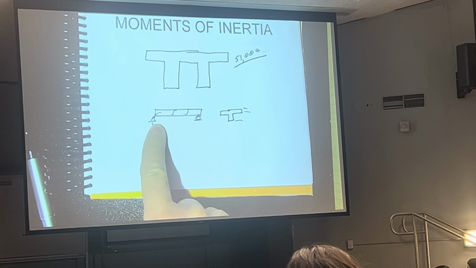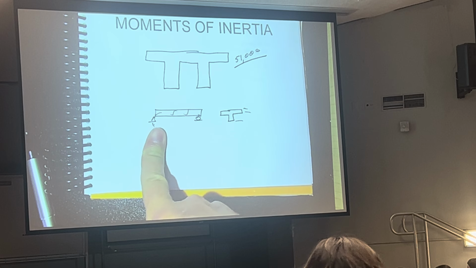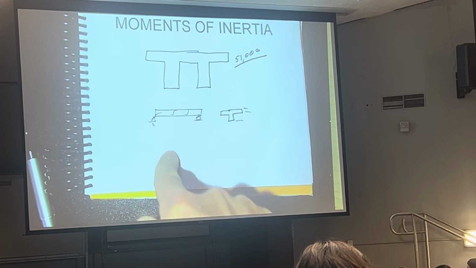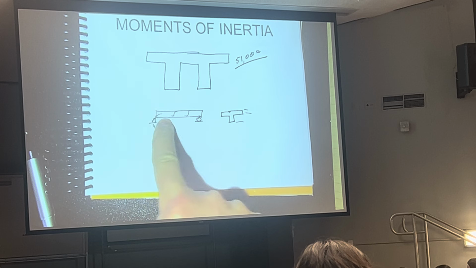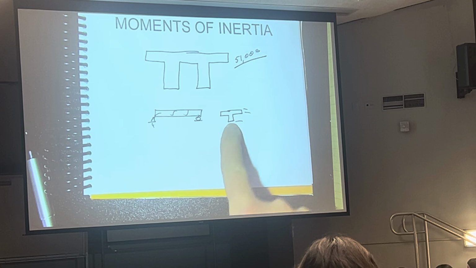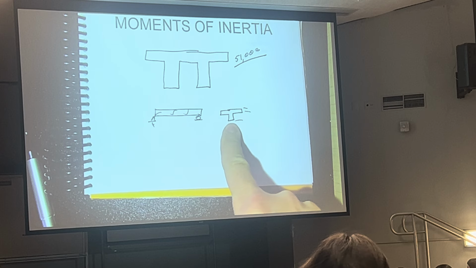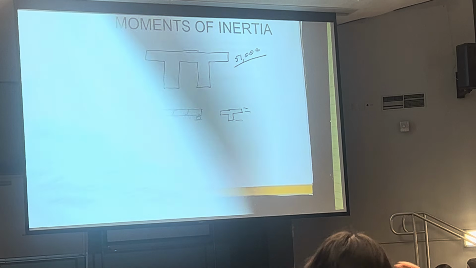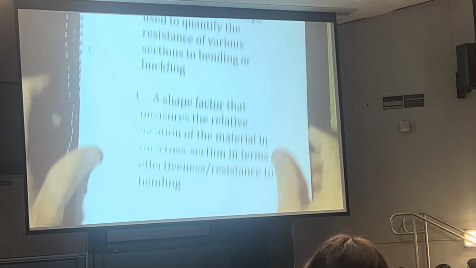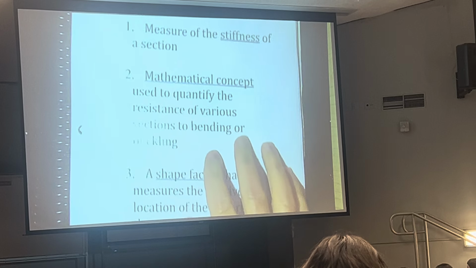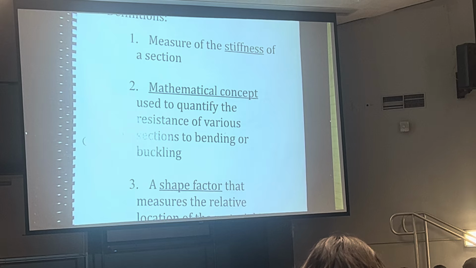So this beam, we never gave it a shape in this class, but in the next class, you're going to give it a shape. You're going to see the beam with its loading, and then you're going to see a section of what the beam looks like. So this would be a T-section. So what we're saying is the I measures the stiffness of that section.